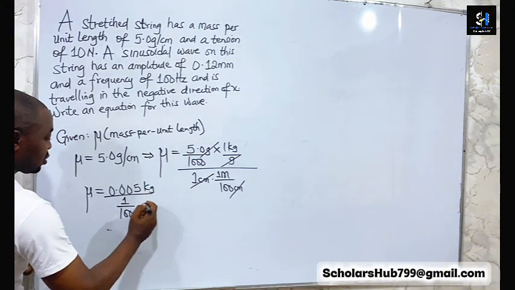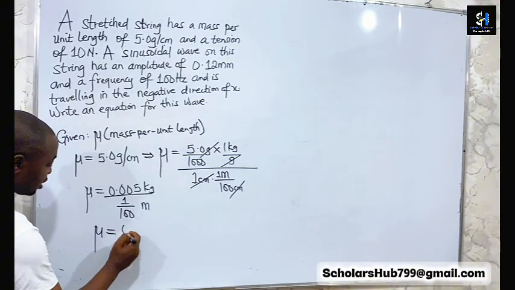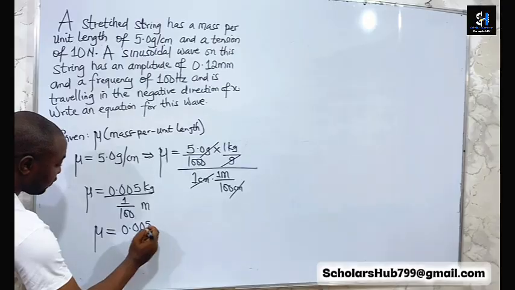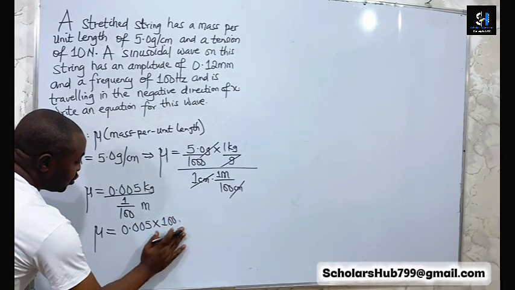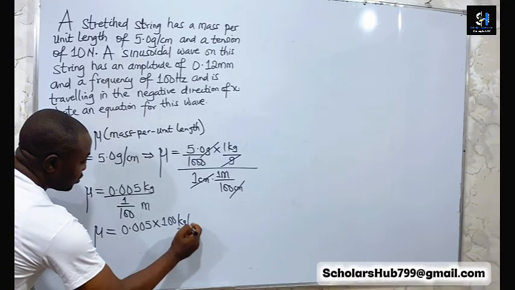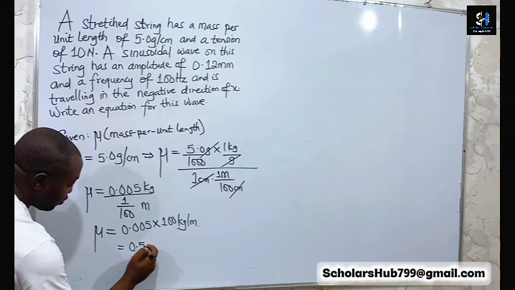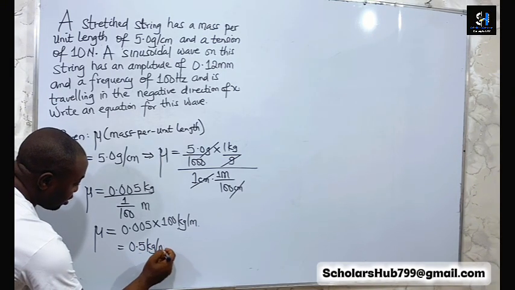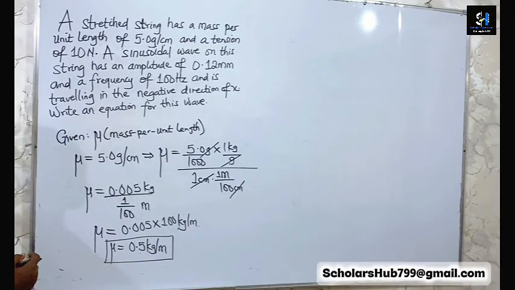So this is in kilograms, while this is in meters. The mass per unit length will be 0.005 multiplied by 100, so the unit will be kilograms per meter, and we have 0.5 kilograms per meter as the linear density.